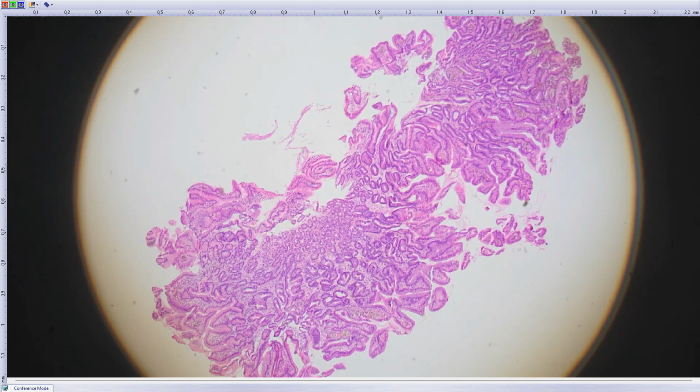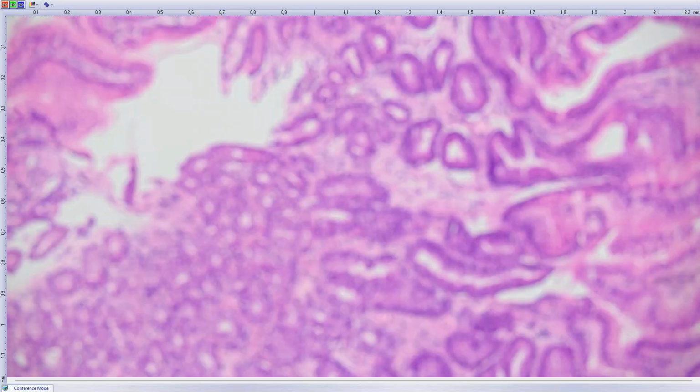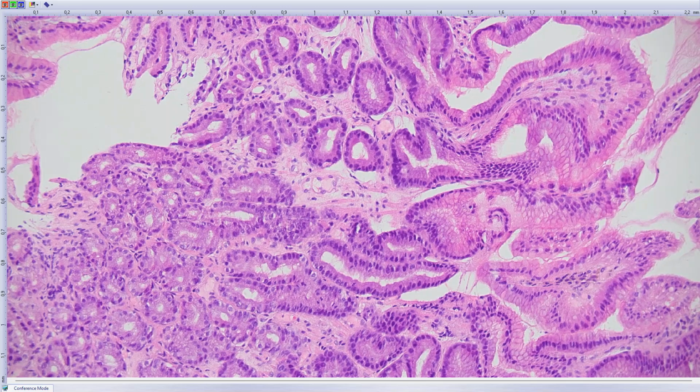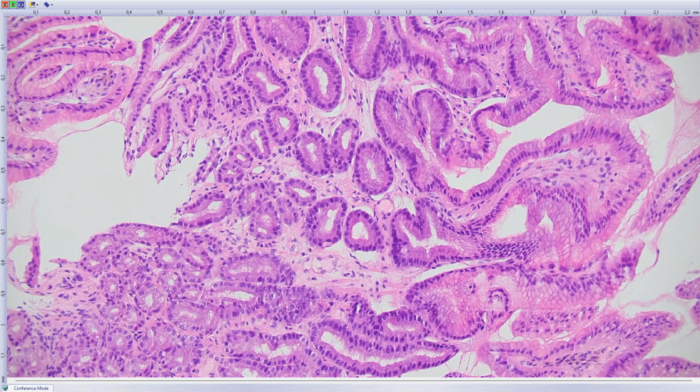At this low magnification, we can see a little bit of reactive changes, mild foveolar hyperplasia, not really inflammation. Okay, so hyperplastic foveolae with some smooth muscle proliferation. So this is a pattern of reactive or chemical gastropathy.